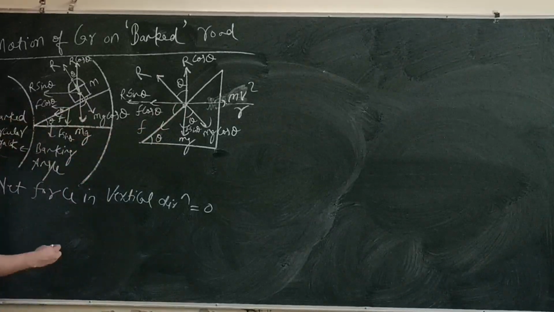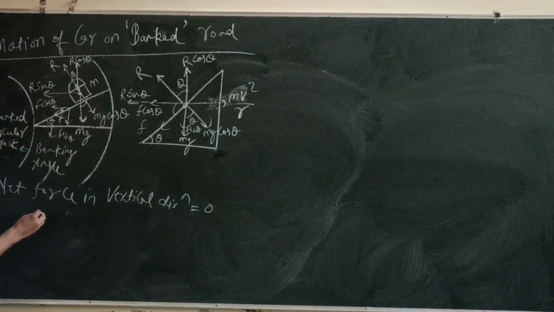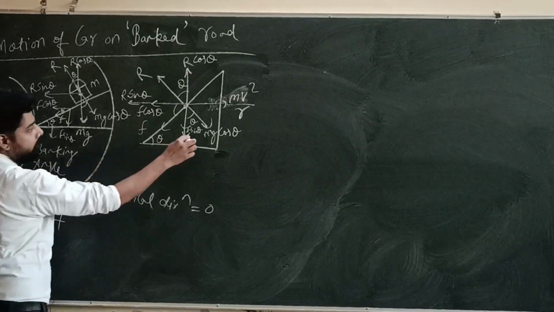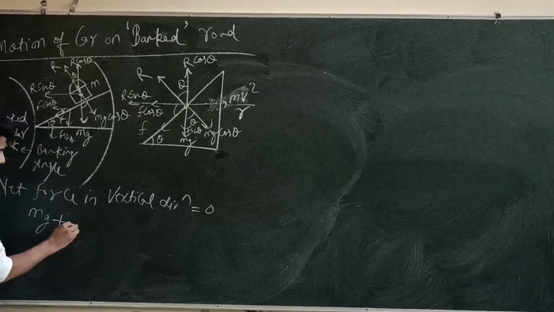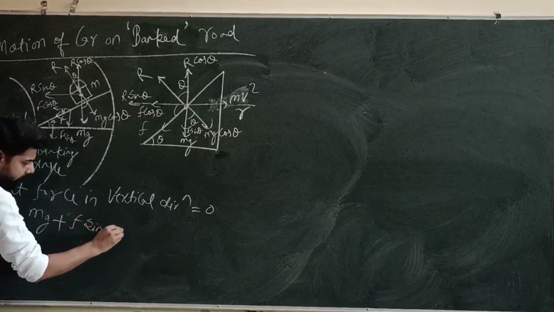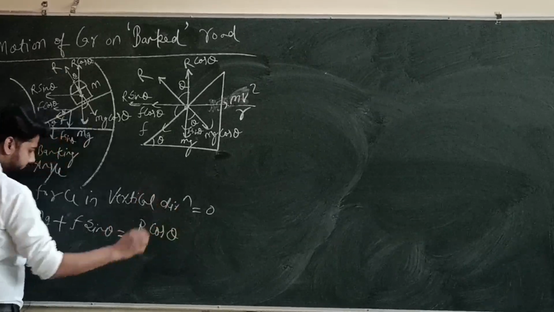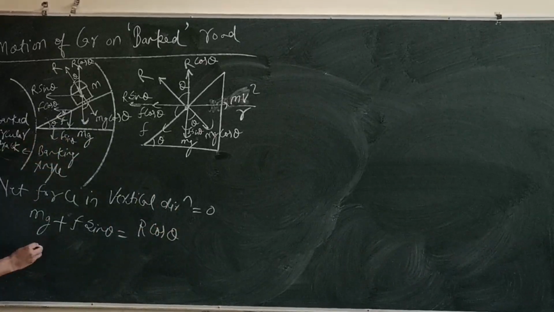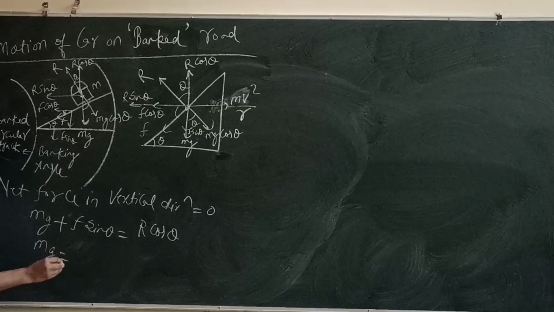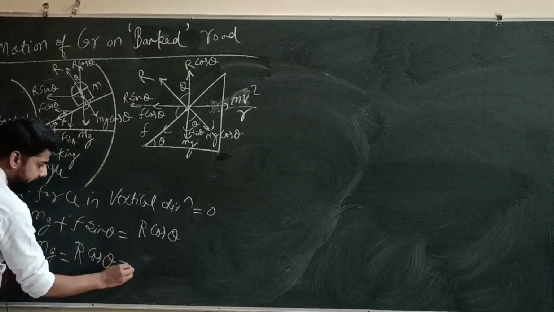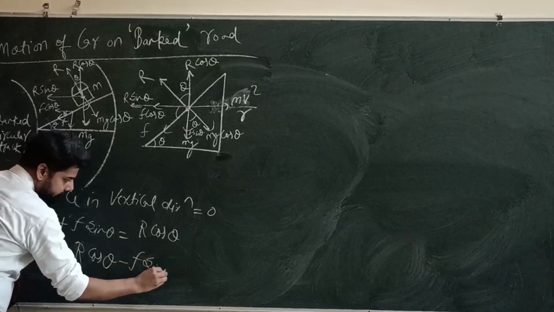So the net force in the vertical direction is equal to 0. We can see that mg plus f sin theta equals R cos theta. So mg equals R cos theta minus f sin theta.